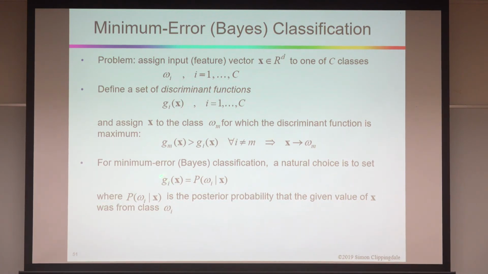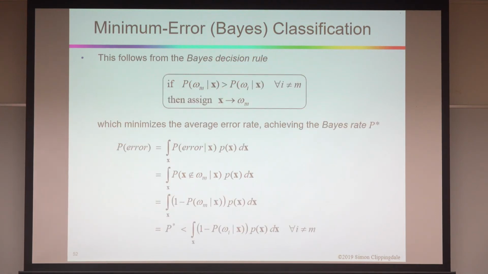And if you set your discriminant functions to be these posterior probabilities, assuming that you can estimate these from your training data, then it can be shown that you will do as well as you can on any classification problem. This is just proving why. No need to worry about that.